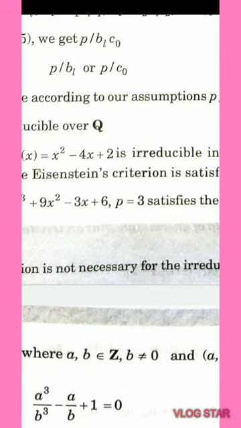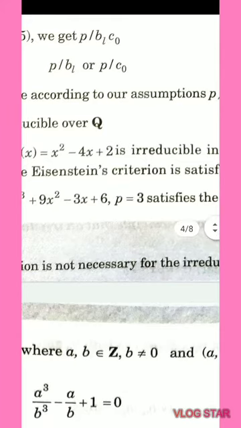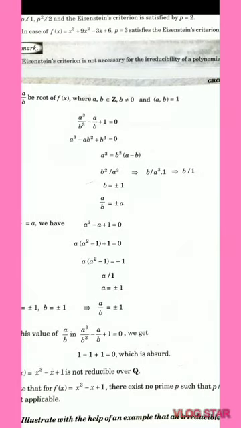Also, x³ − x + 1 is irreducible over Q. Because otherwise, if it is reducible, then it has a root in Q. Let a/b be a root of f(x), where a, b belong to Z, b is not equal to 0, and GCD of a and b is 1. Then a³/b³ − a/b + 1 = 0.